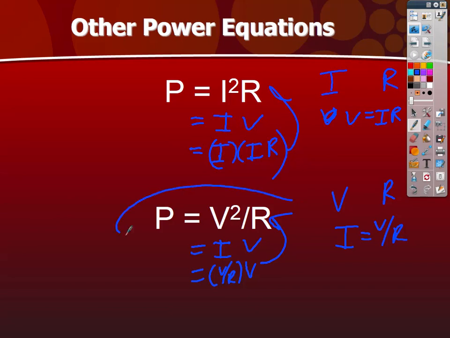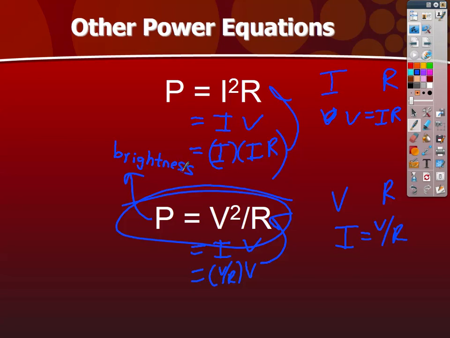This second formula is very, very useful in order to calculate or to justify the power of light bulbs. We'll bring it up a little bit later, but power is related to the brightness of the bulb itself. This is going to be the easiest formula to use to justify your answer.